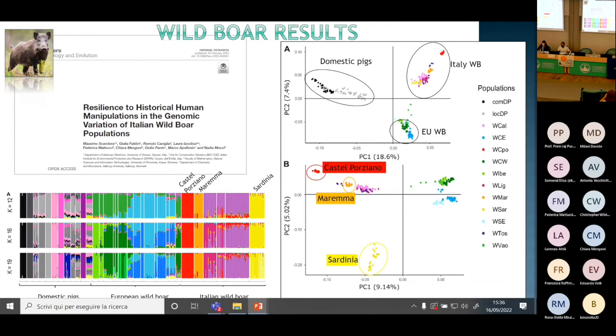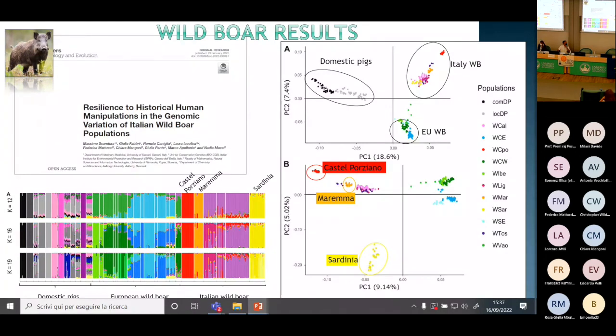In the wild boar case study, traditional assignment and multivariate methods clearly confirmed that the investigated Italian wild boar populations were highly differentiated from all the other European wild boar populations analyzed. In particular, the most differentiated Italian populations resulted to be the Sardinian, the Maremma, and the Castelporziano presidential estate populations, which can be considered the result of a long-lasting isolation.